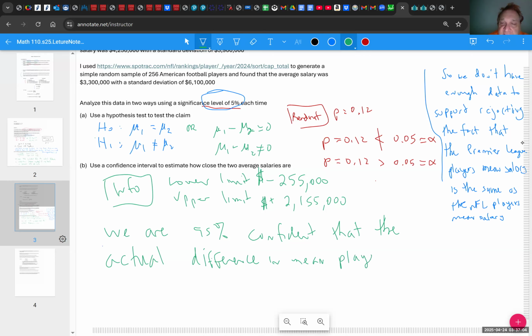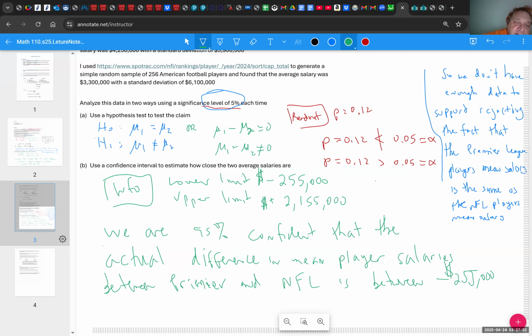Mean player salaries between the Premier, I think, and NFL is between negative 255,000 and positive 2.155 million.